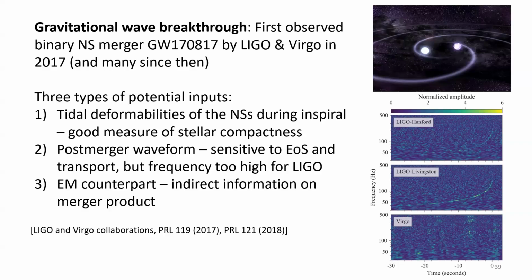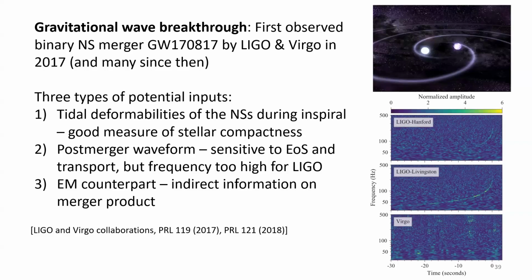Now, every time we have such a measurement, such an observation, there are in principle 3 types of independent observational data that we can use in EOS inference. The first one, and probably the one that you are the most familiar with, has to do with the in-spiral phase of the merger.